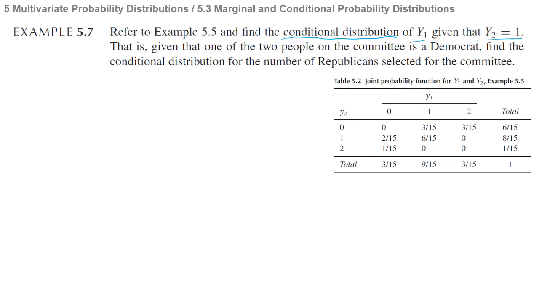What it means is that we want to calculate a conditional distribution of y1 given y2 equals 1, that is, given that one of the two people on the committee is a Democrat, find the conditional distribution for the number of Republicans selected for the committee.